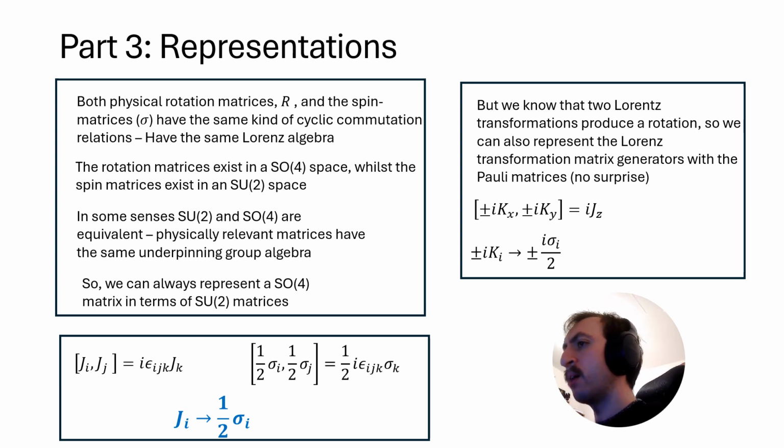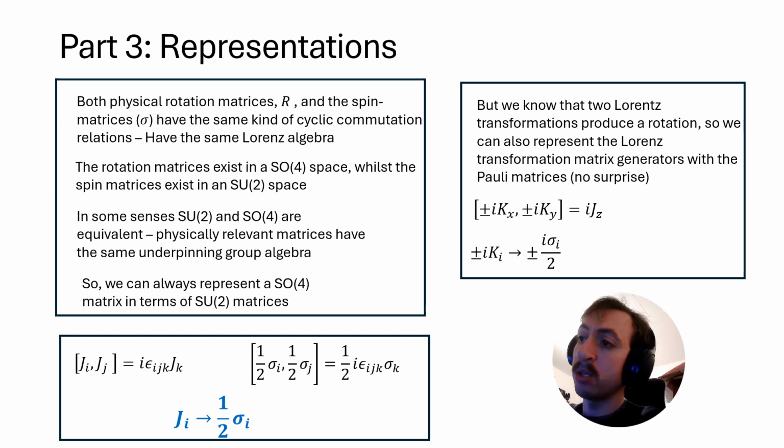So the upshot is we can represent all the generators we have discussed in terms of our Pauli matrices, really unifying them together.